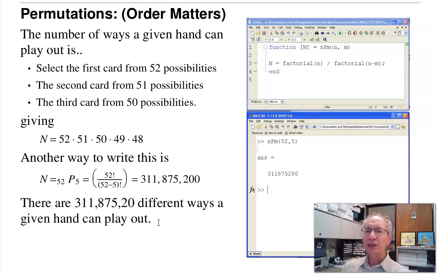If order matters, then the number of hands possible would be just 52, 51, 50, 49, 48, then you stop. You only deal out 5 cards. That is 52 pick 5. There's 311 million different ways a game of 5-card stud could play out.